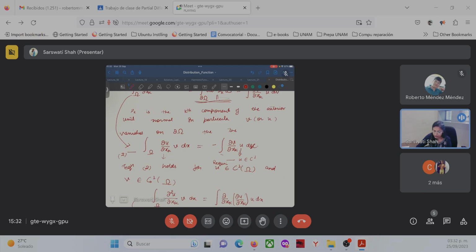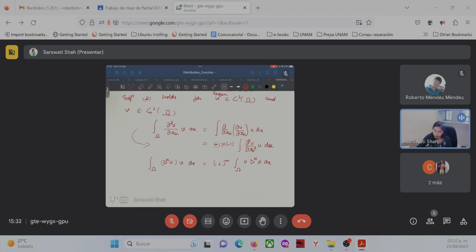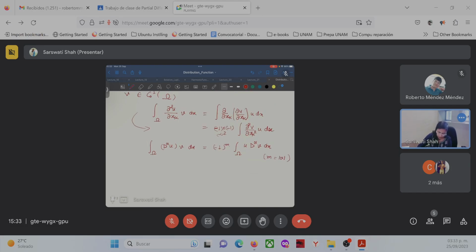See, for the first, minus 1 to the power 1 came, for the second, minus 1 to the power 2 is coming. So for the mth order derivative, minus 1 to the power m will be coming and we are left with u d alpha v dx, for all u belonging to the space of mth order differentiable functions and v belonging to the space of test functions.